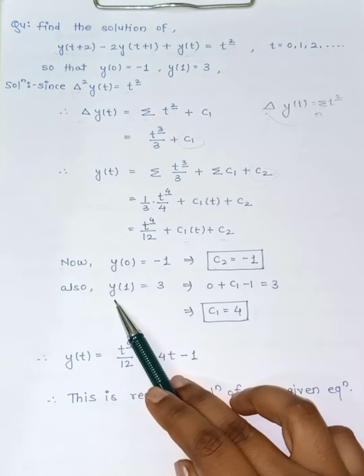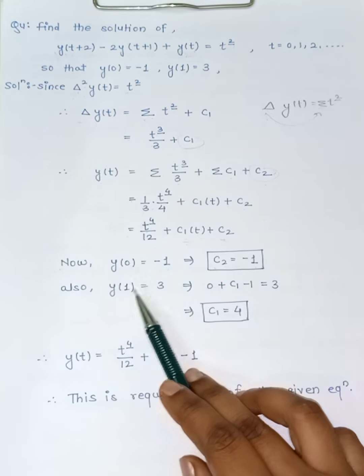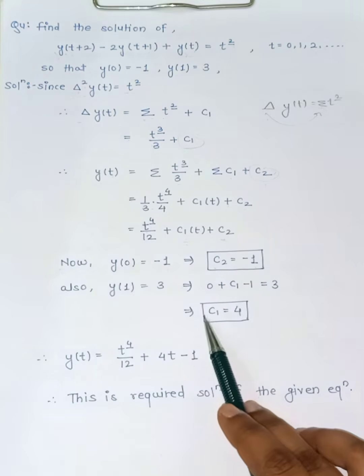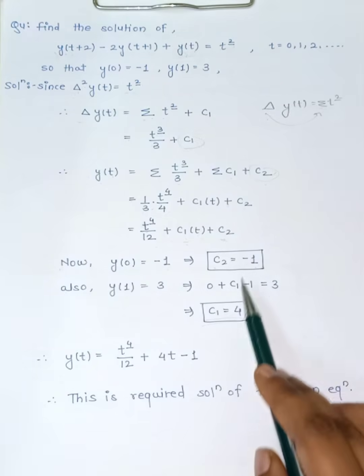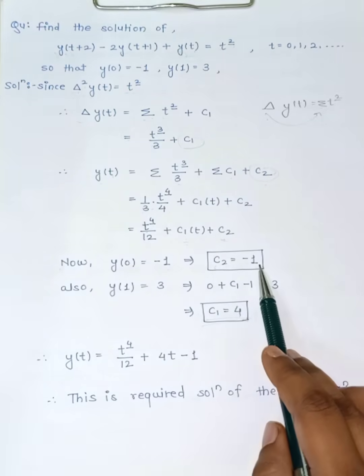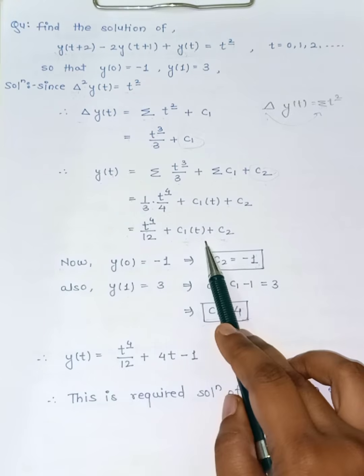And if we put t equals 1, that is y of 1 equals 3, what we get is c1 equals 4. So we have obtained the two constants, that is c1 equals 4 and c2 equals minus 1. So we are putting this into this equation.